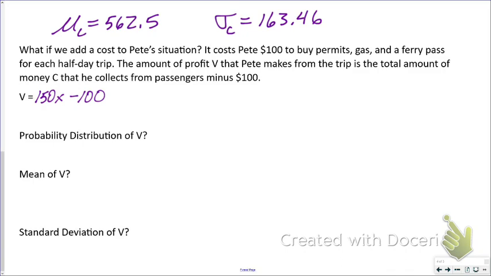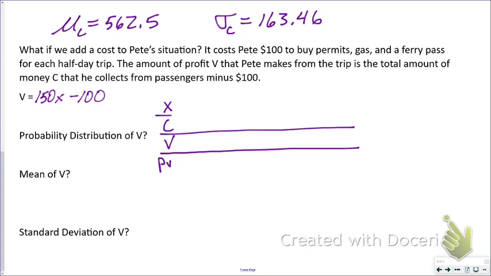So we need to write down, first of all, the probability distribution. And this one, I have a ton of room, so I'm going to do it right here. If I was doing this from the very beginning, I would write down all my variables, and then lastly, the probability. And I know that X is a repeat of what you have at the middle of the page, previous page, sorry.